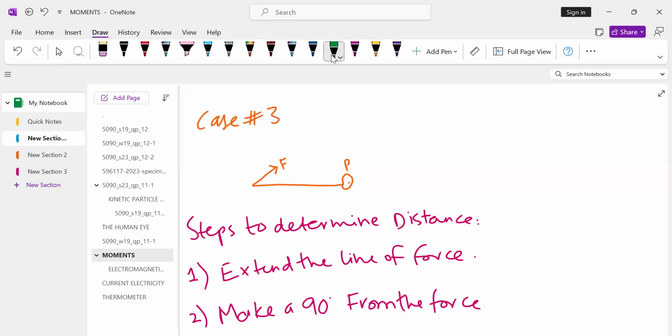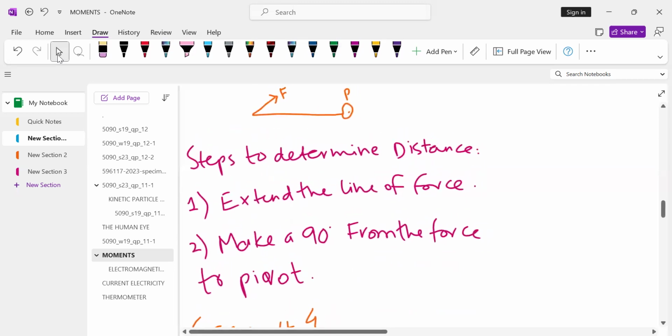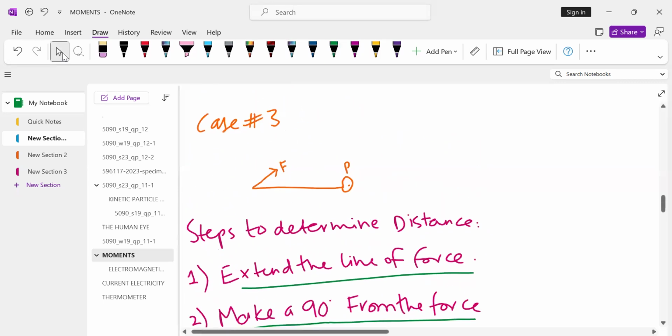Now you need to calculate the distance. So here are some steps to calculate the distance. Firstly, the first step is to extend the line of the force, and the second step is to make a 90-degree angle from the force to the pivot. So according to the first step, you need to extend the force line.